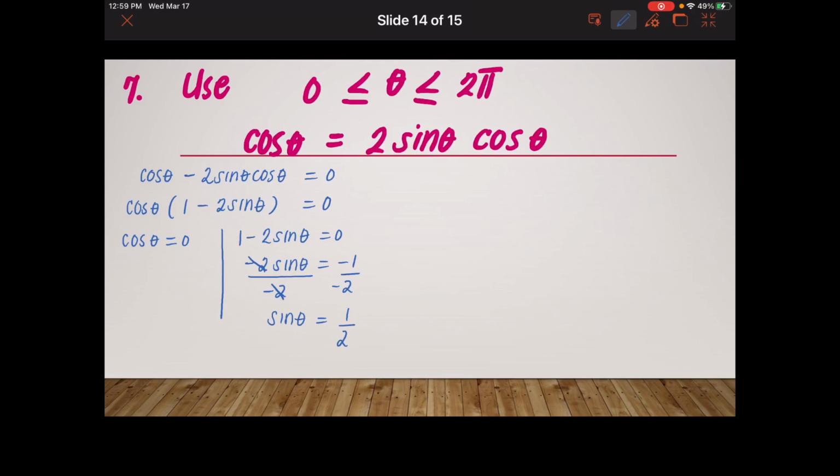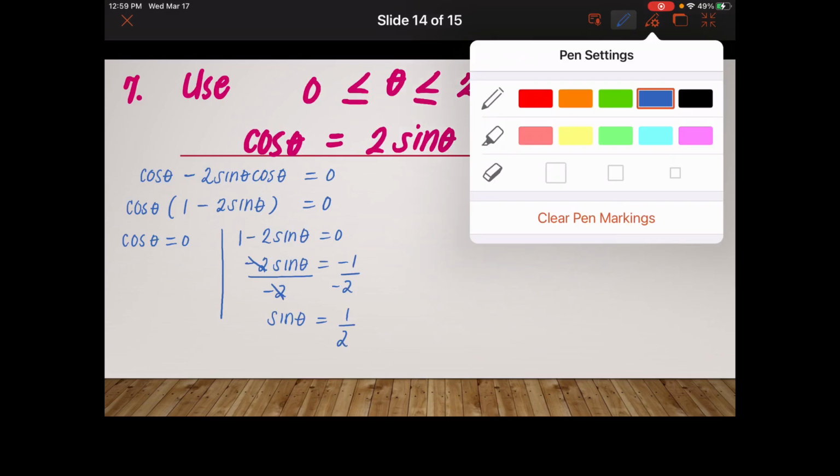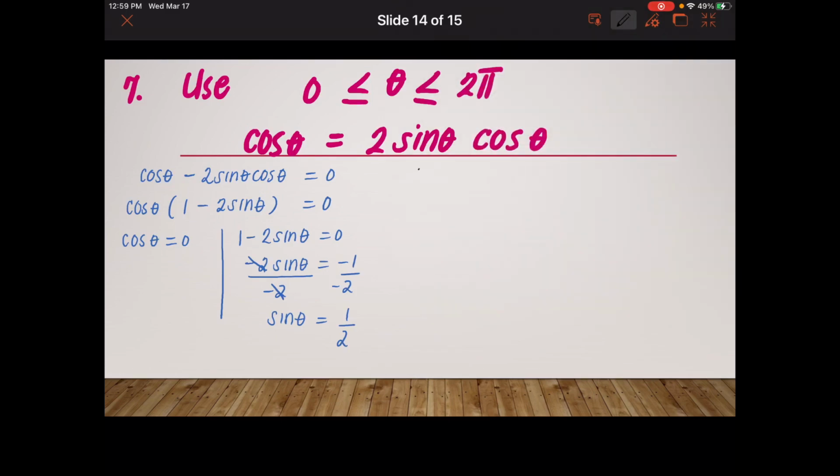Now let us get the values. The first one is cosine theta is equal to 0. So in what angle is cosine theta equal to 0? Cosine is 0 along the y-axis. So that would be pi over 2 and 3 pi over 2.